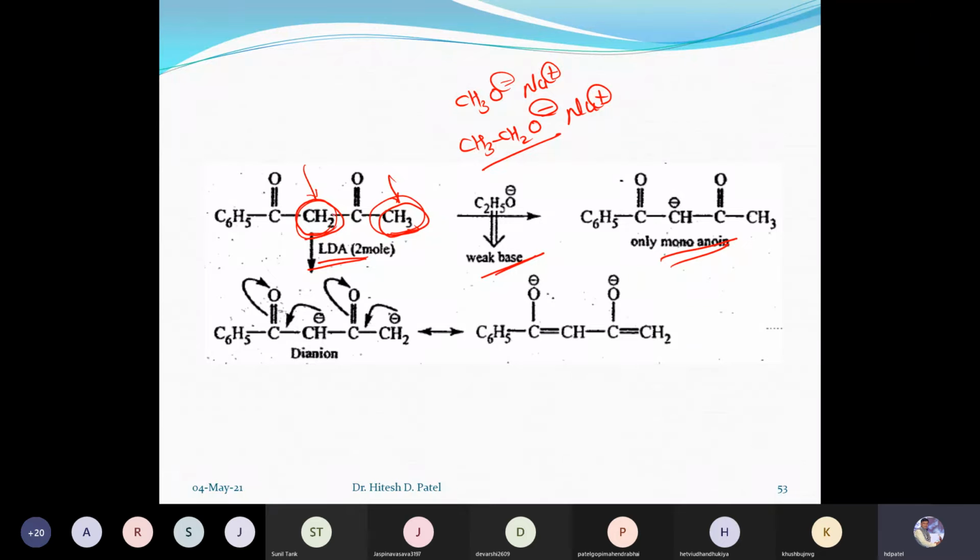On both hydrogens it will attack or react, and deprotonation will take place from both places, and as a result we are having a dianion. So if we use LDA, then you will get a dianion, and then after that we will get this intermediate and the further reaction takes place.